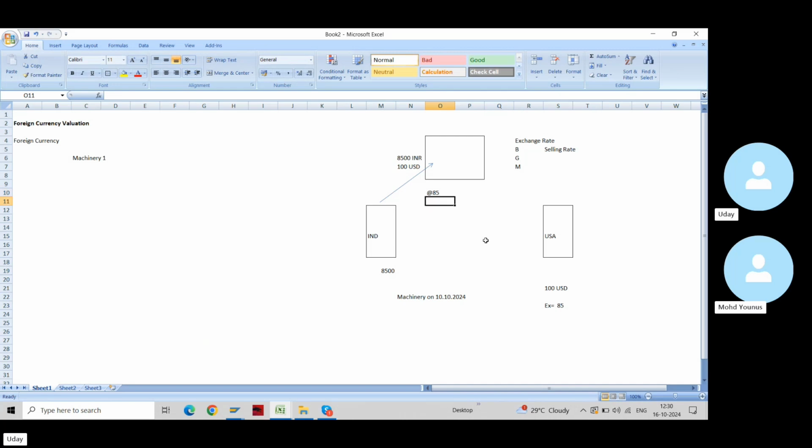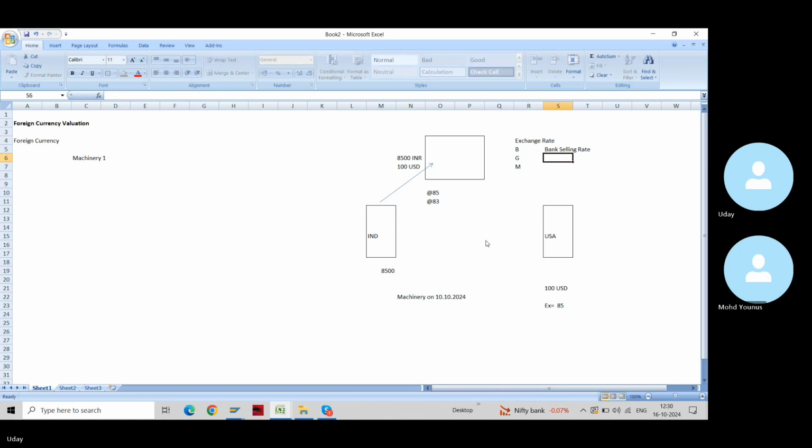The selling rate is different, and the purchasing rate is different. At the rate of 83, they will accept 83 rupees because they can make a profit with this difference. Though they will be selling at 85, they'll accept 83 rupees. That is called the bank buying rate and bank selling rate.